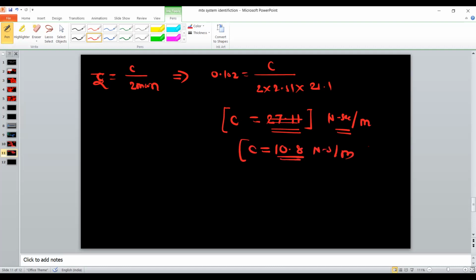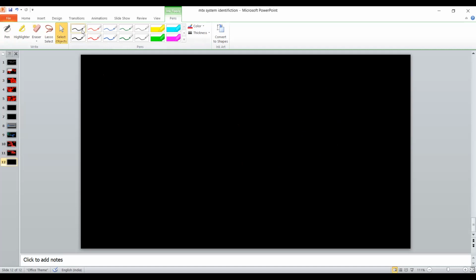So this is the damping coefficient. Okay, so now we have got all the parameters. So mass of the system, this is 2.51 kg. Then K is equal to 1117 Newton per meter.